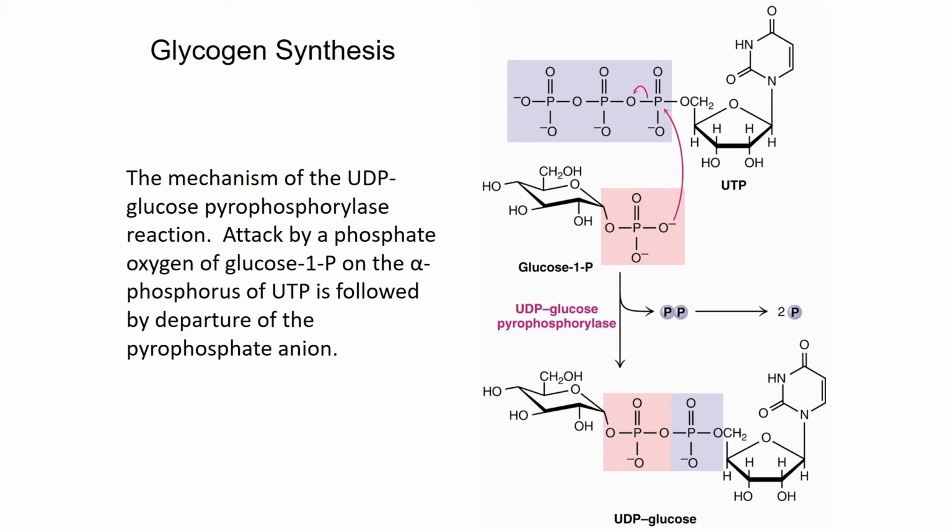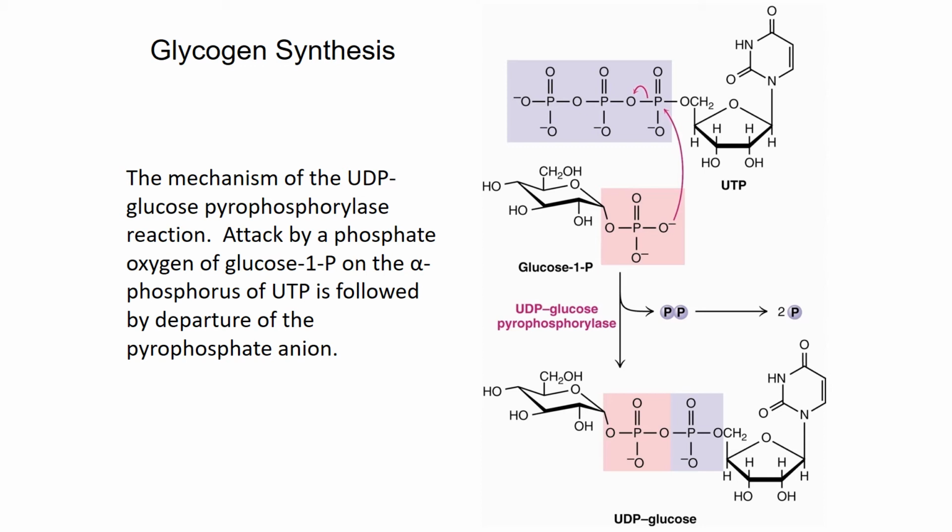Glycogen synthesis, on the other hand, we've looked at just in that original flow chart of both processes. We have a glucose 1-phosphate that enters and it gets linked to our UDP.